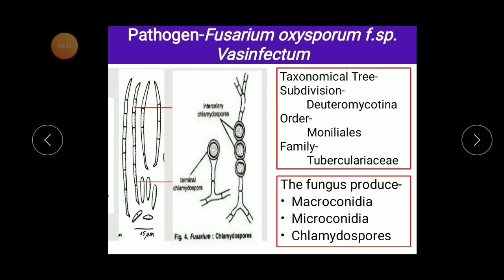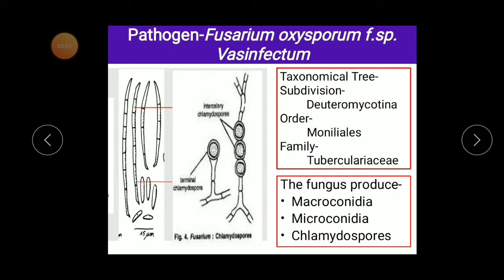Macroconidia are 1 to 5 septate, as you can see in the picture, and they are hyaline, thin-walled and falcate with tapering ends. And the second one is microconidia. Microconidia means small conidia, small in size. The microconidia are also hyaline, thin-walled and spherical or elliptical in shape, and they are single or two-celled, but they are not septate.